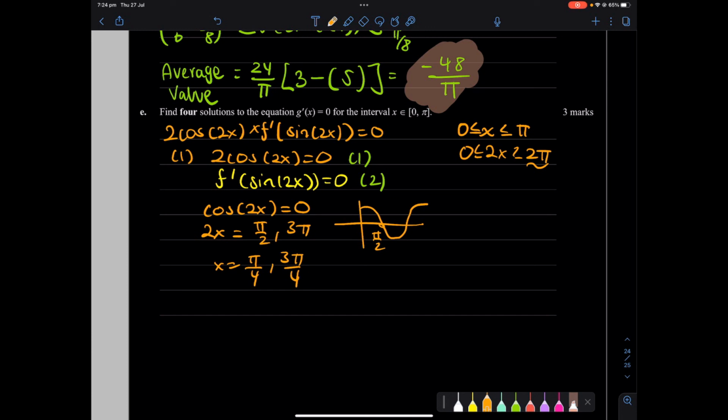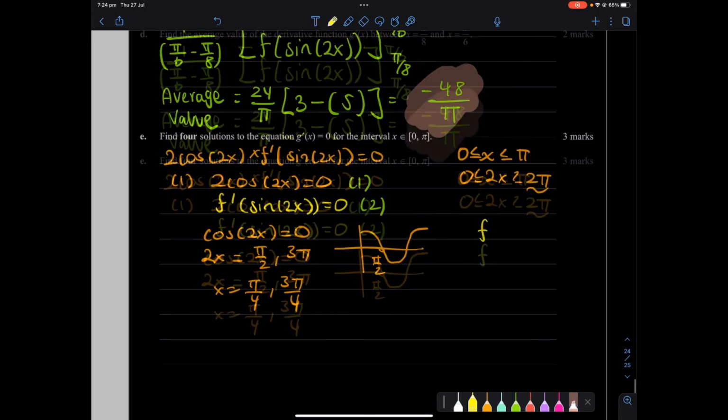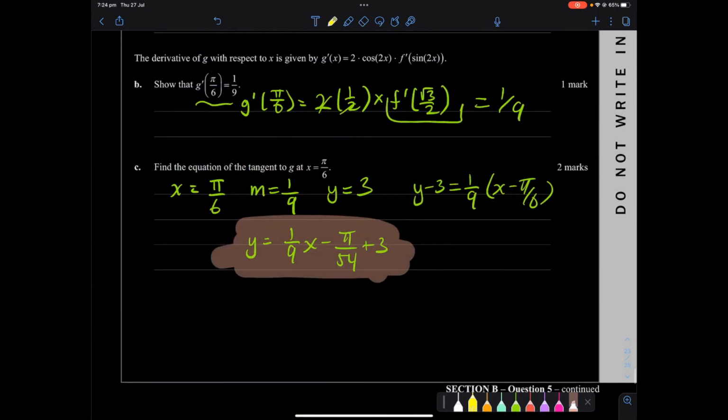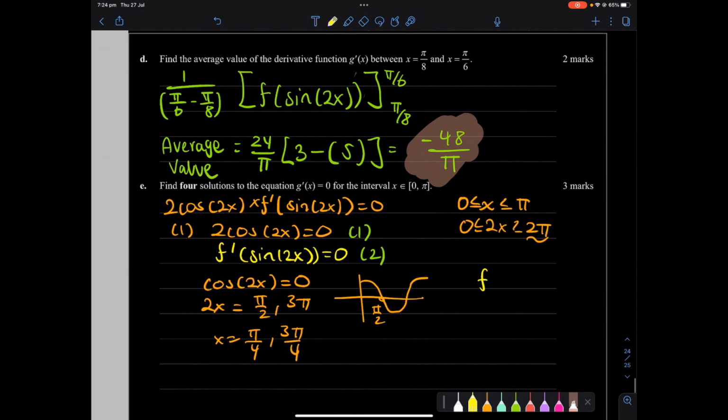The next one is f dash of sine 2x equals 0. To get rid of that f dash, we need to integrate.